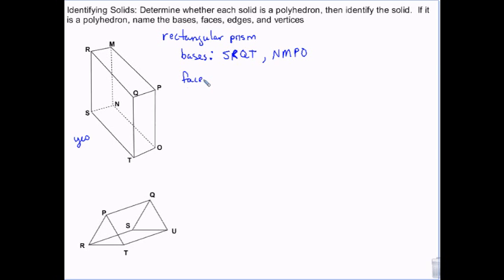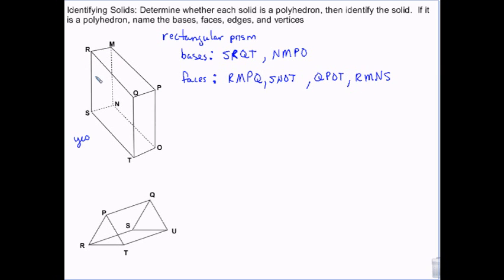Then the faces are the sides I chose or didn't choose to be the bases. So I have this rectangle up top and the rectangle on the bottom, so I'll have RMPQ and SNOT. That's kind of funny. And then I have the front and the back, so QPOT and RMNS.